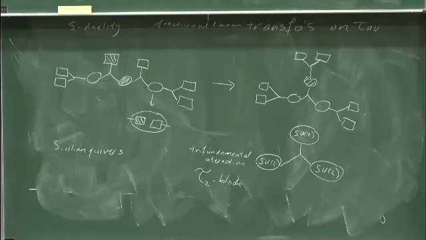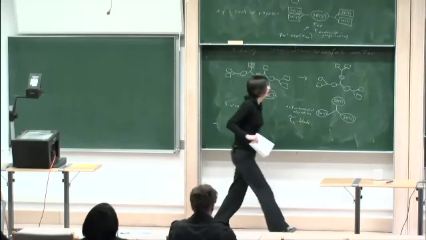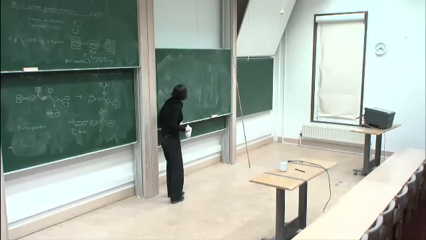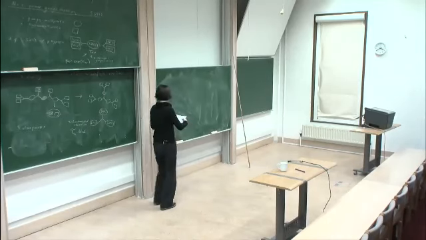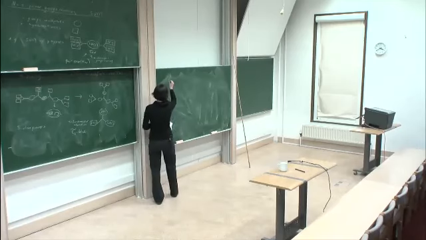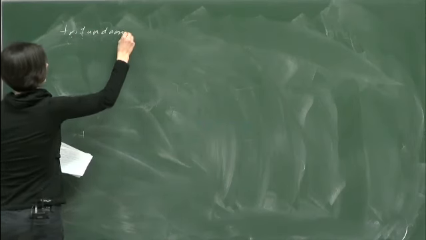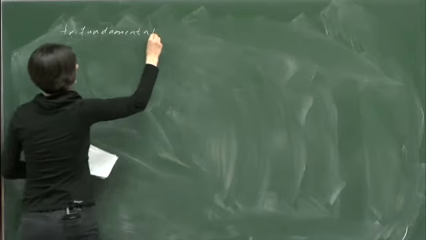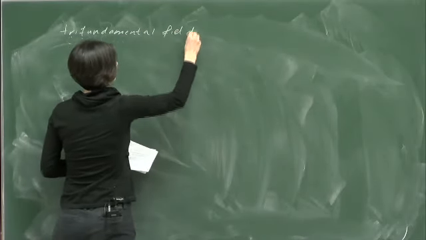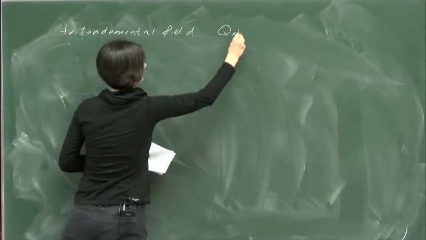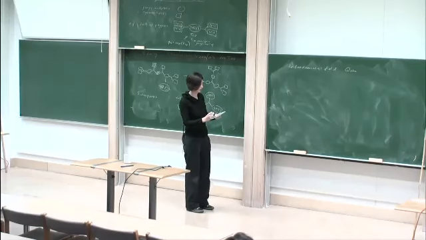Let's see. So let me denote this trifundamental field as Q_ABC, where these ABCs are SU(2) indices, so they take values 1 or 2.